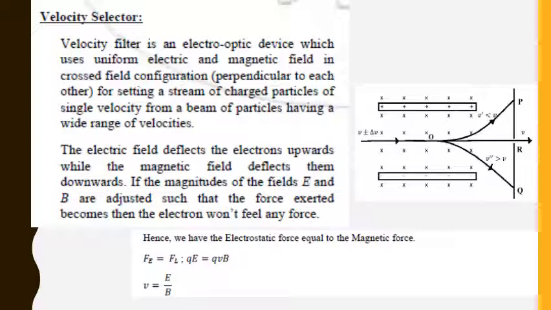Whenever we create a large number of charged particles by some method, either by electron gun process or some other process, there is always a possibility that we have particles of different velocities: a particle of minimum velocity, a particle of higher velocity, and some others. So we have to filter out. It's a kind of filter by which you can filter out several velocities.